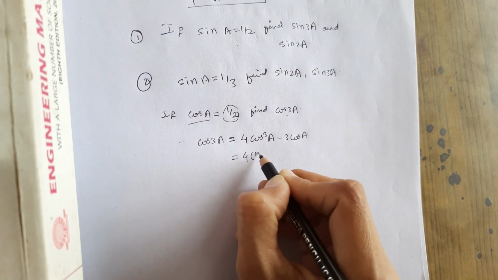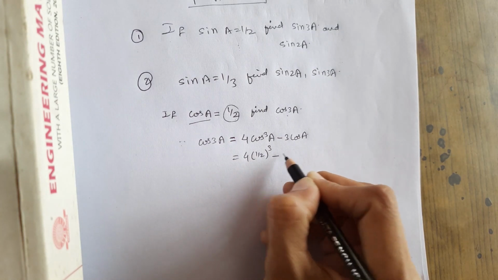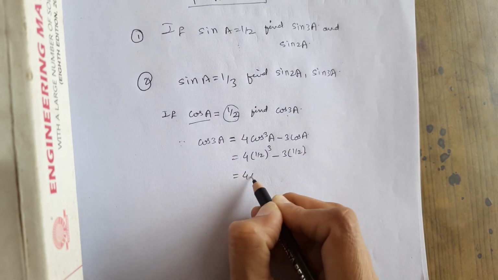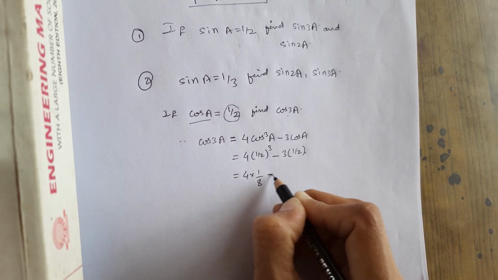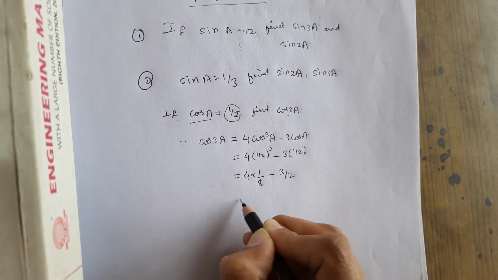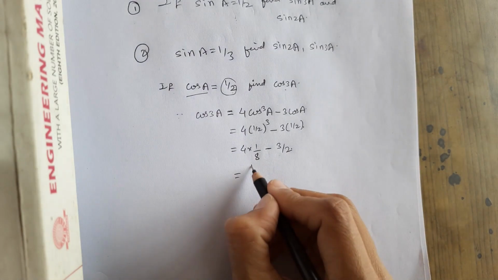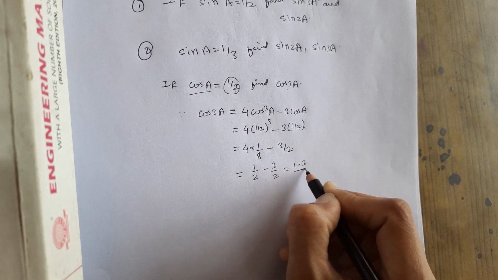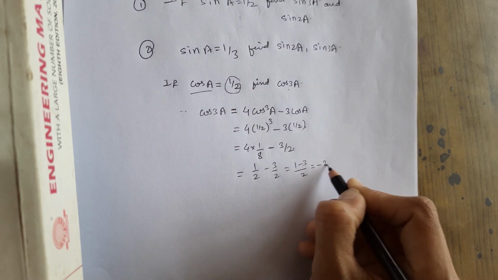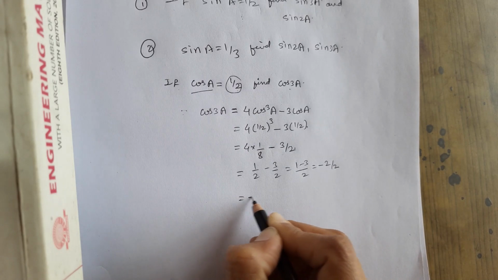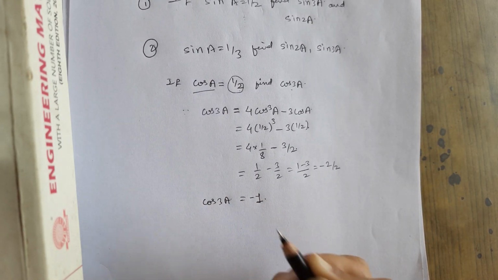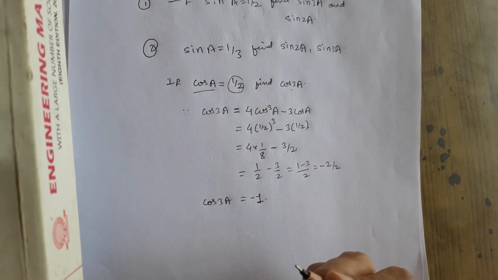So 4 into 1 by 2 cube minus 3 into 1 by 2. So I'll get 4 into 1 by 8 minus 3 by 2. So 1 by 2 minus 3 by 2, which is minus 2 by 2, which is minus 1. So I get cos 3a equals minus 1.